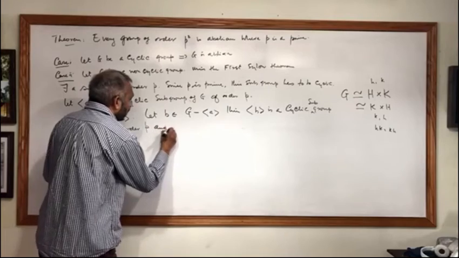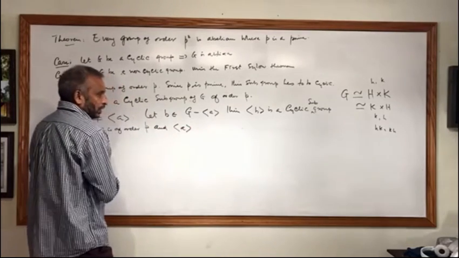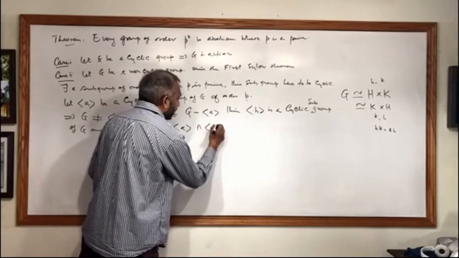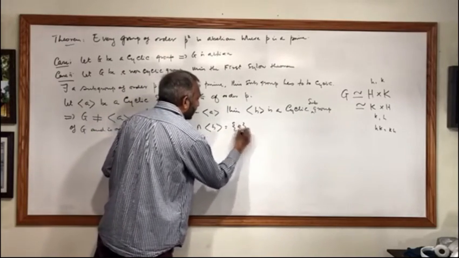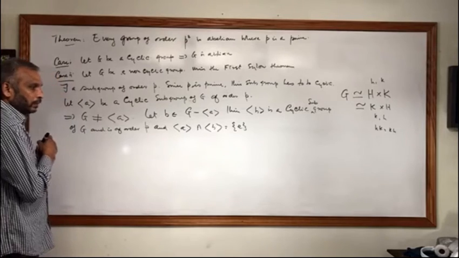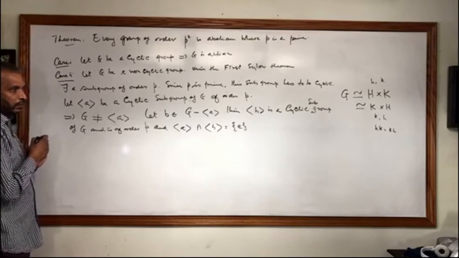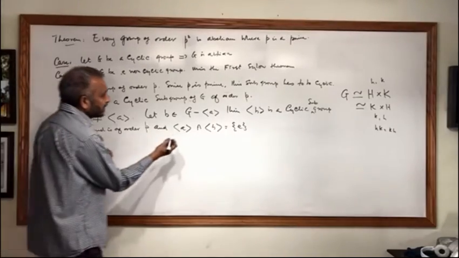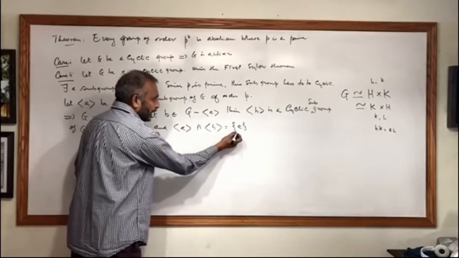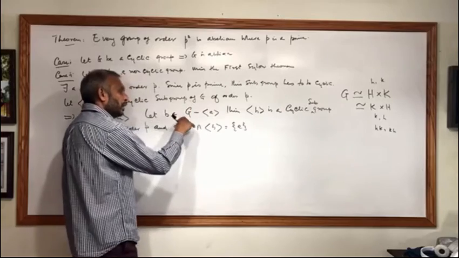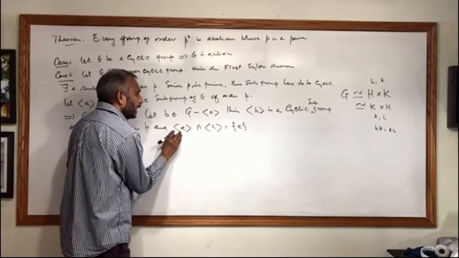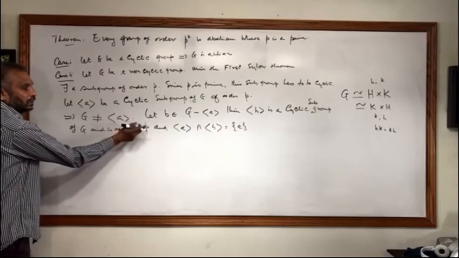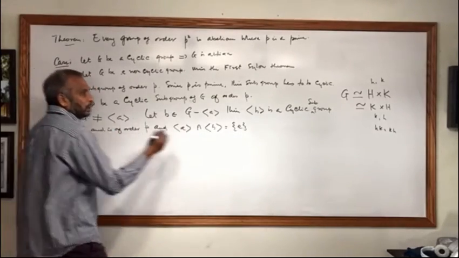And the intersection of these two cyclic groups is just the unit element, because if there is any other element other than E, that would generate both A and B, which is a contradiction to our assumption.